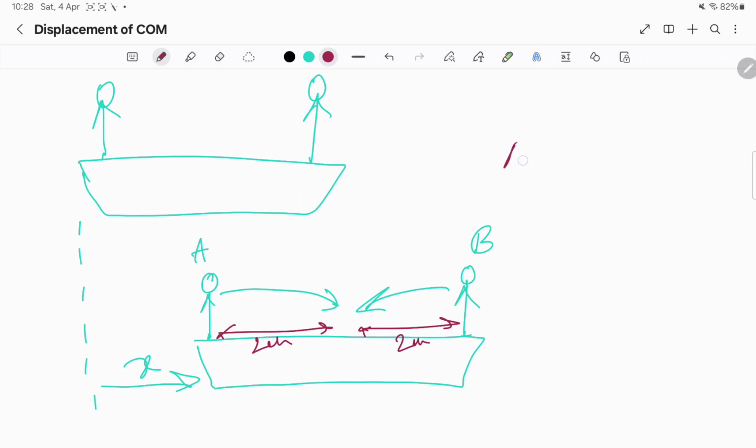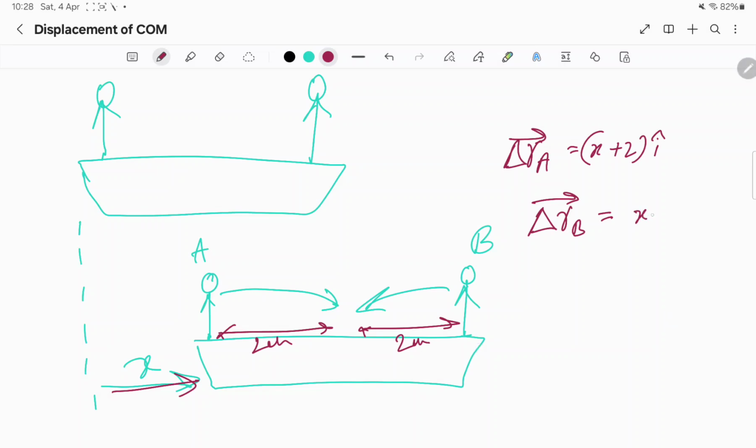So what is the total displacement of A? This will be the displacement of the boat x plus 2. So I can write this as (x + 2) i cap, in the positive x direction person A is moving. What is the displacement of person B? The total displacement of B I can write as x on the right side, and then B comes to the left side by 2 meters.